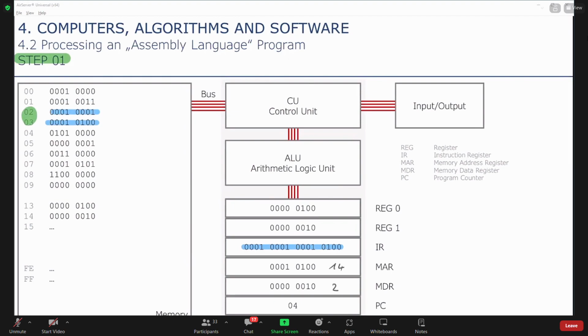So we are loading the value which is found in memory cell 14 into register 1. And of course, we are increasing at the end the program counter.